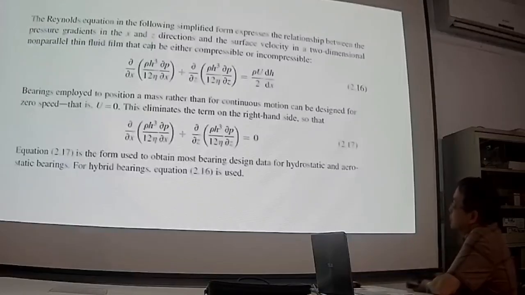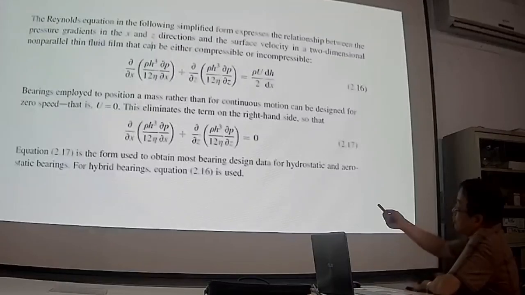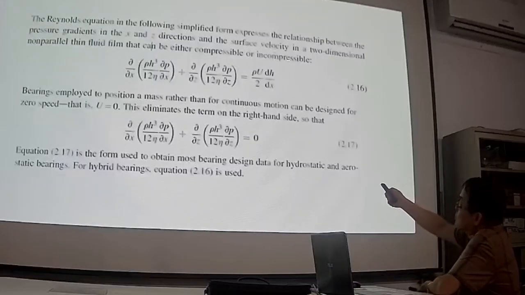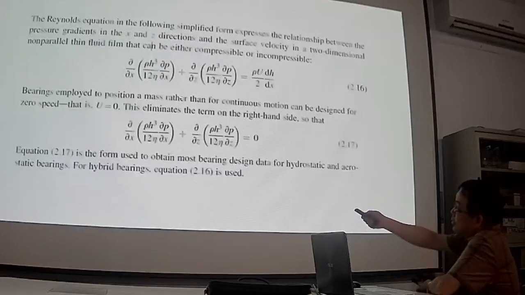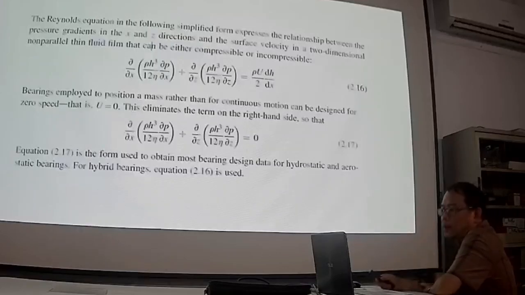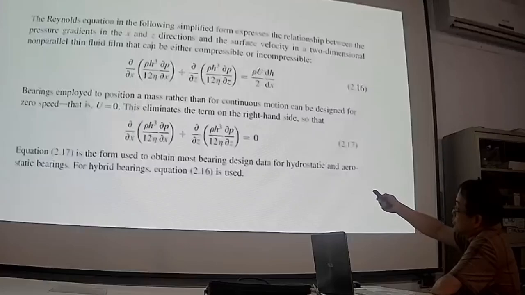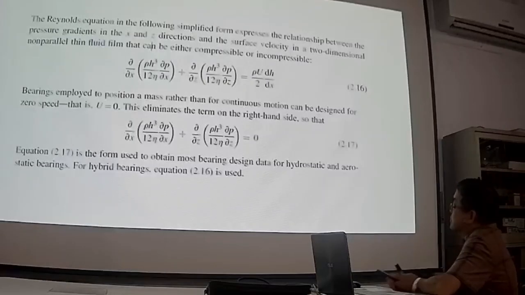The general form for two-dimensional flow can be either compressible or incompressible. This two-dimensional Reynolds equation for non-parallel thin film can be used with this equation. If the top plate is fixed, so u equal to zero, the right hand side will be zero. This one is the simplest one.